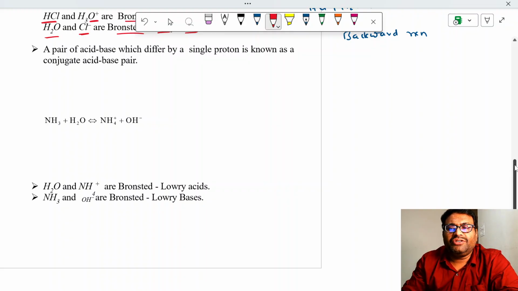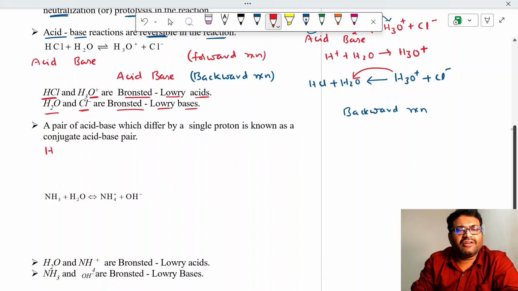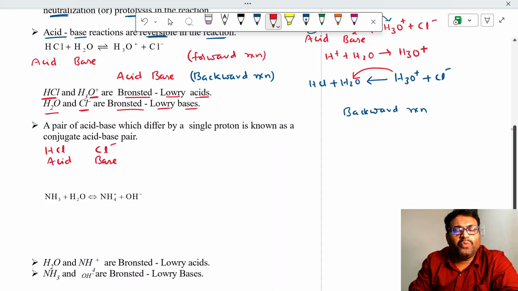In this, if you see HCl and Cl minus, HCl is acid and Cl minus is base. What is the difference between these two? The difference between these two is this proton.